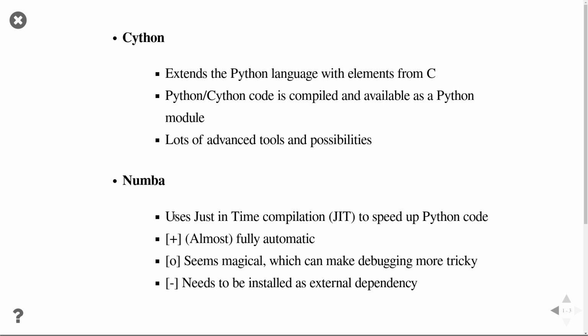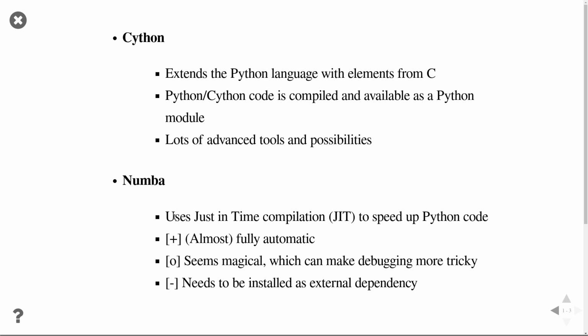You call the function just as if it was a normal Python function, but in the background it generates C code and compiles it for the specific types that you're calling it with, and then you get the performance of C with almost no overhead for the programmer.